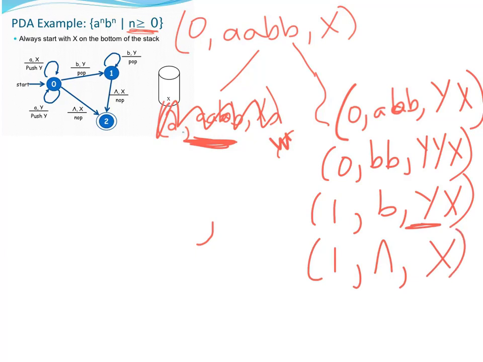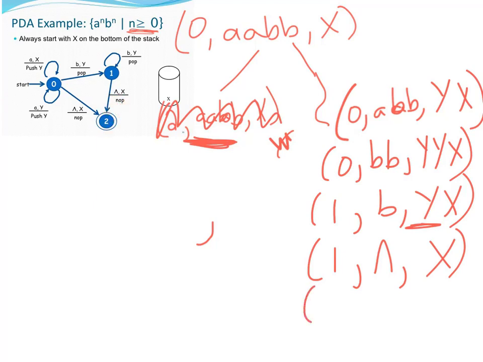Now I have lambda as my string, but state 1 is not an accept state yet, so I have to keep seeing if there's anything else I can do. And look here, now that I have X at the top of my stack, I can take a free jump, not just because I have a lambda here, but because this just means free jump if you have an X on your stack. So I can go from 1 to 2 on my free jump, and it says to do a no-op.